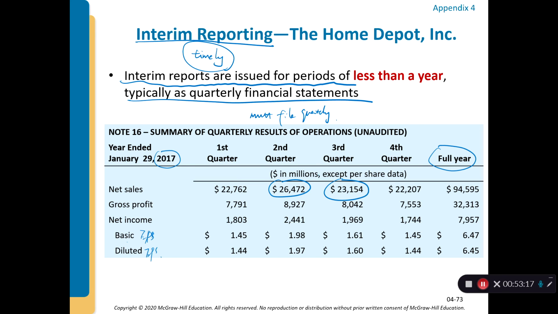Another thing about the shorter reporting period is that some questions associated with estimation and allocation are magnified, right? For example, certain expenses that also benefit an entire year occurred in the first quarter. Are you reporting everything in that specific quarter, or are you allocating across the year?